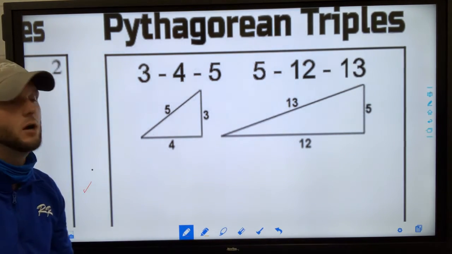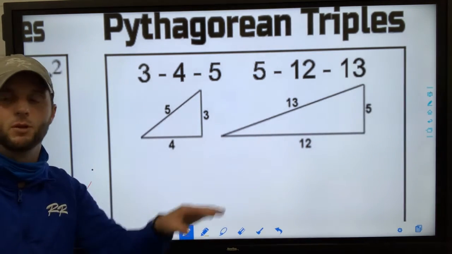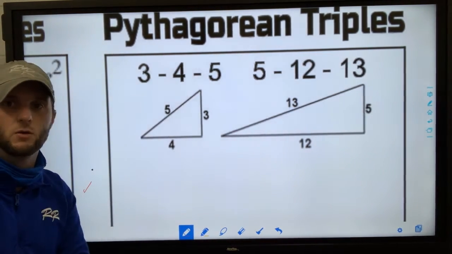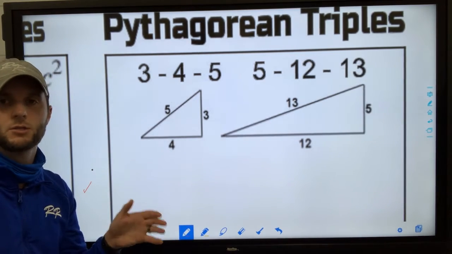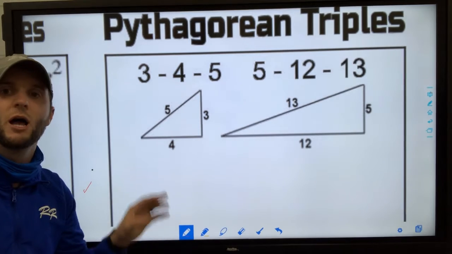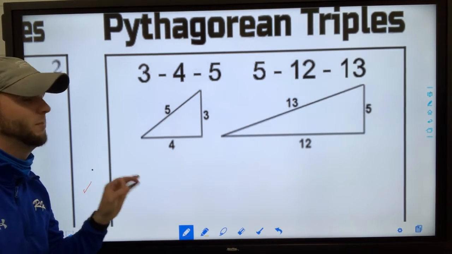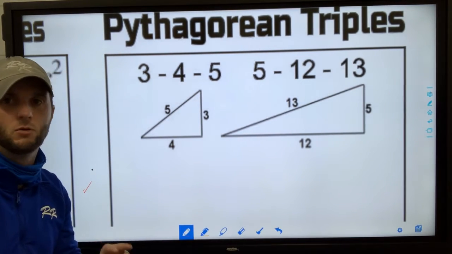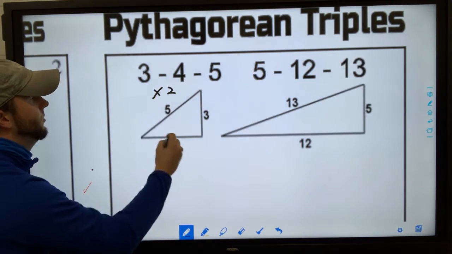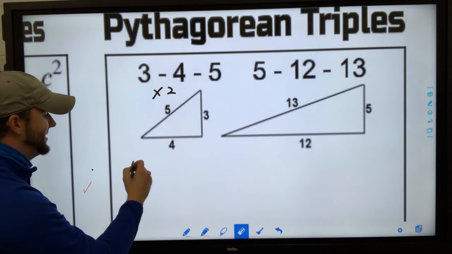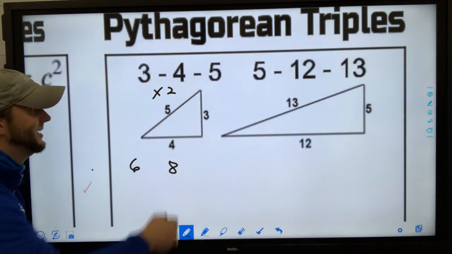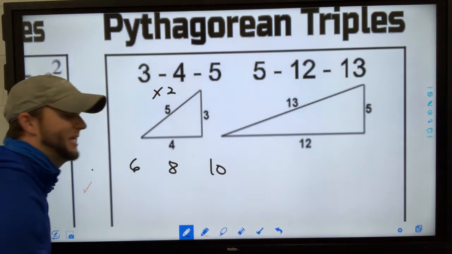And just so you know, if you multiply each one of those numbers by the same number, it still works out. So for instance, if I multiply each number of the 3, 4, 5 Pythagorean triple by 2, it would still work. Let's do that. 2 times 3 gives me 6, 2 times 4 gives you 8, and 2 times 5 gives you 10.